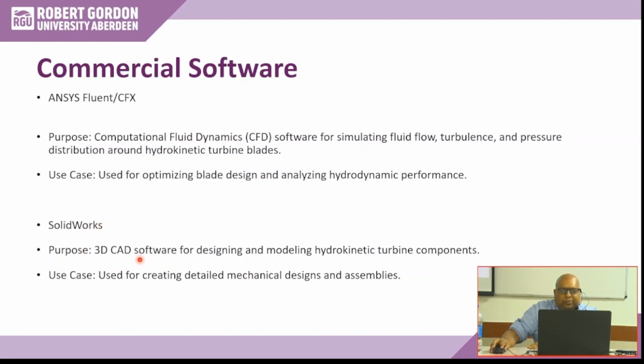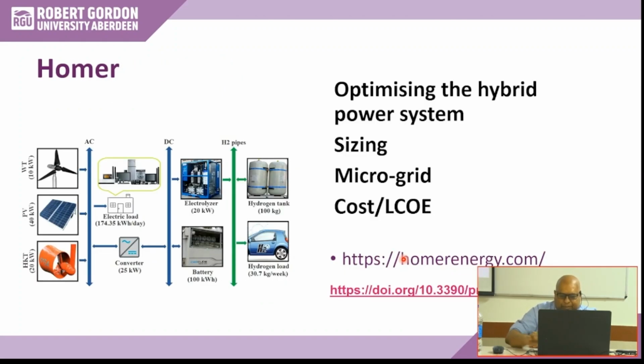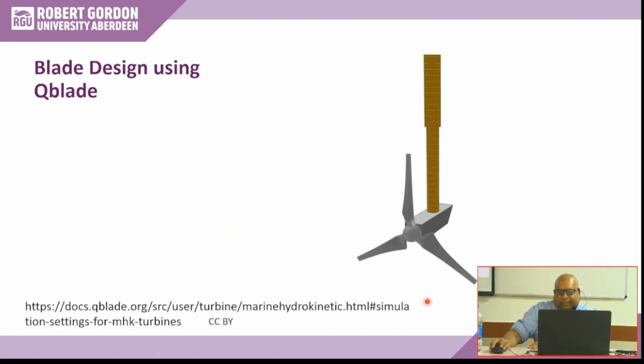So you need to create a 3D CAD design and modeling of hydrokinetic turbine component. So that's very important. You can then create this type of design from your CAD drawing, and then the CAD drawing can be used for 3D printing.